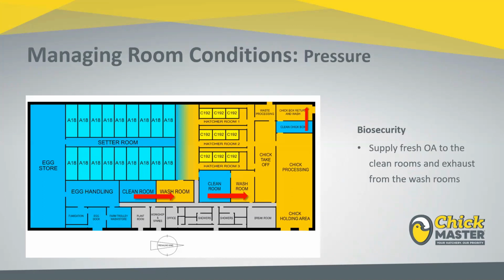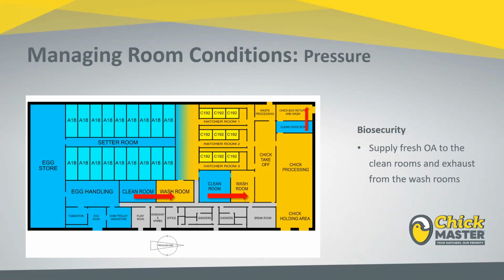So when we talk about biosecurity, we always want to try to supply our fresh outside air to the clean rooms and exhaust from the washrooms. As a perfect example, the chick box return and wash, and then your clean box room. The dirty boxes returned from the farm are stored in a specific area and then washed, and as they come out of the washer, they're stored in a clean room.